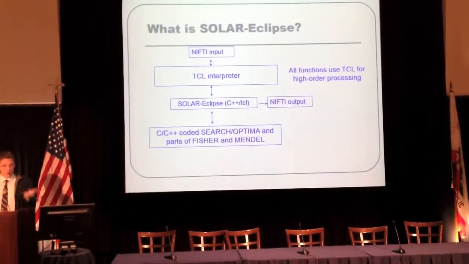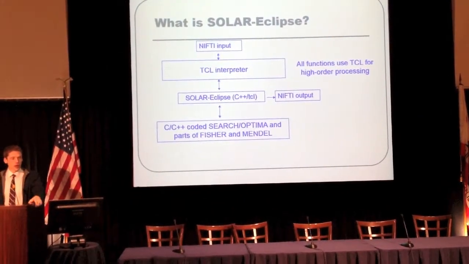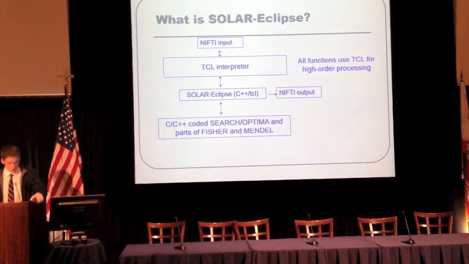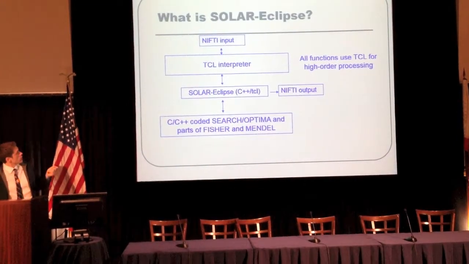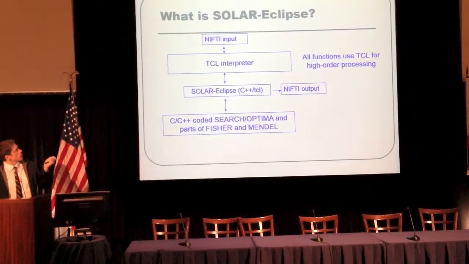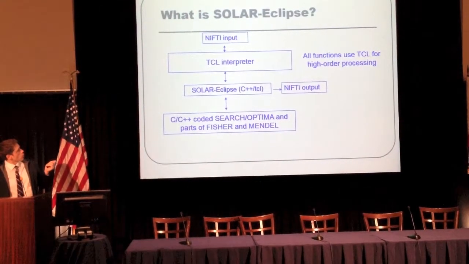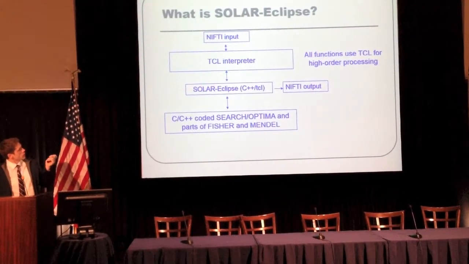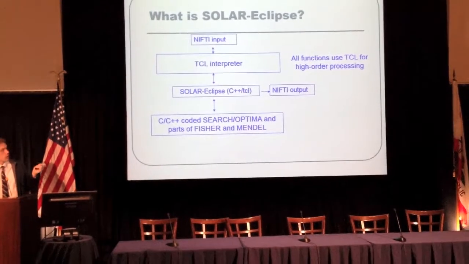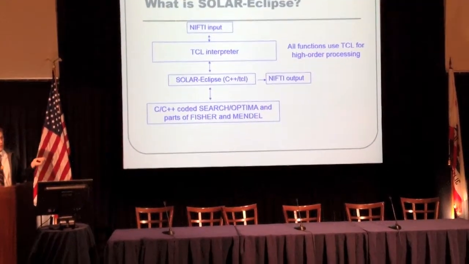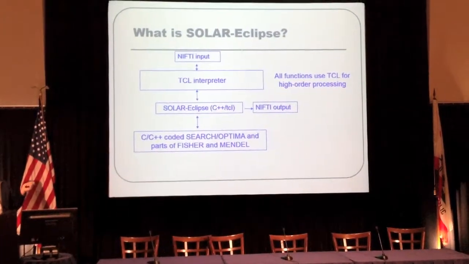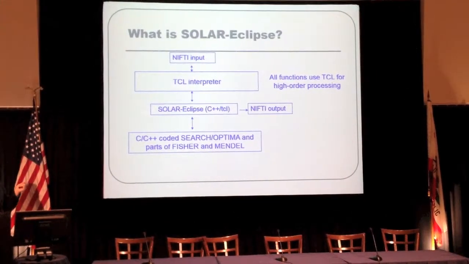So what is Solar Eclipse, in the diagram? We have standard imaging libraries that we can use as an input. All the higher level functionality is run in an R-like shell and supported by TCL interpreters.